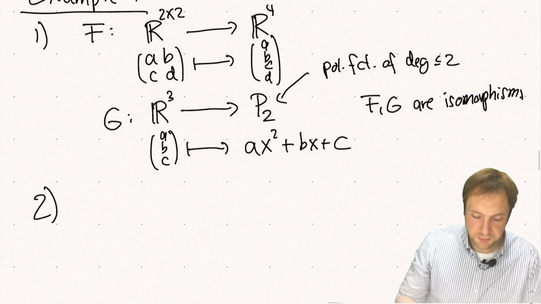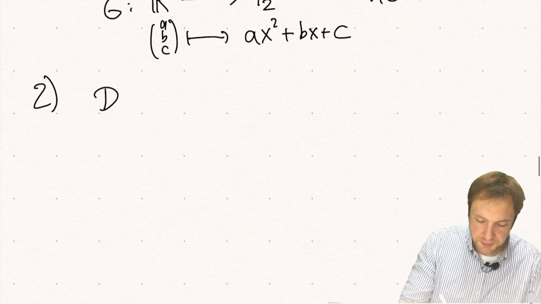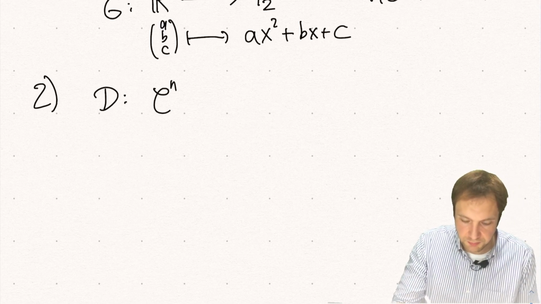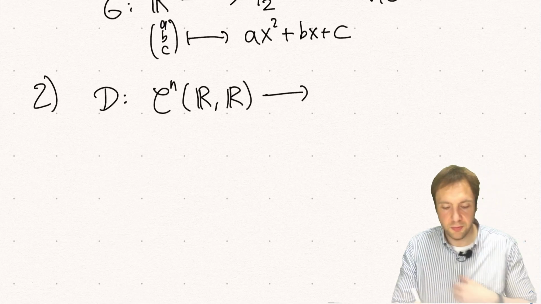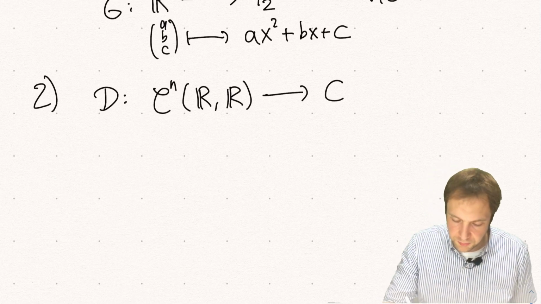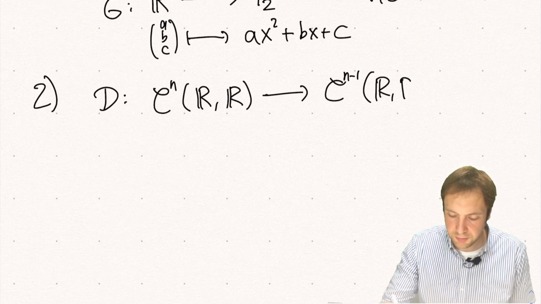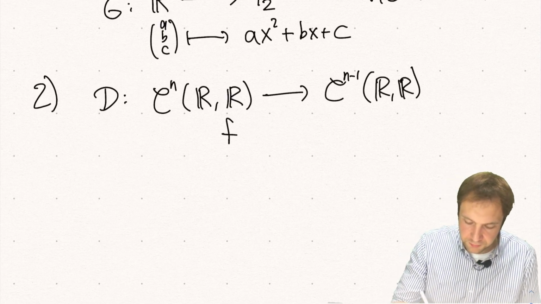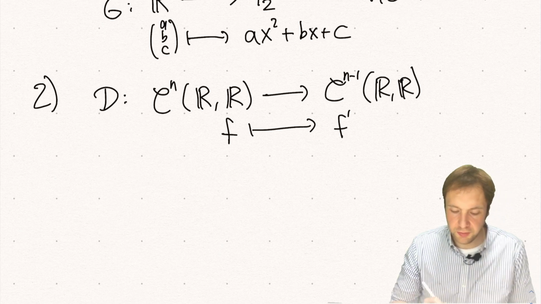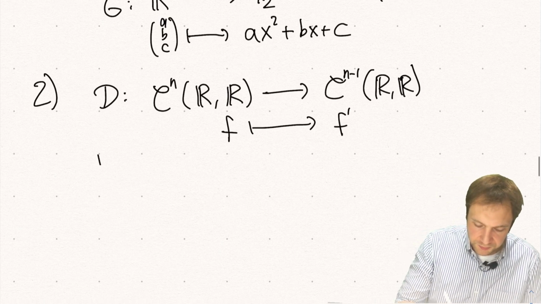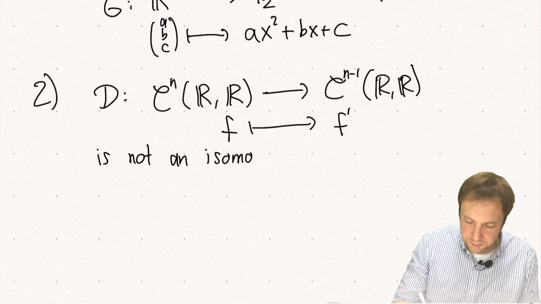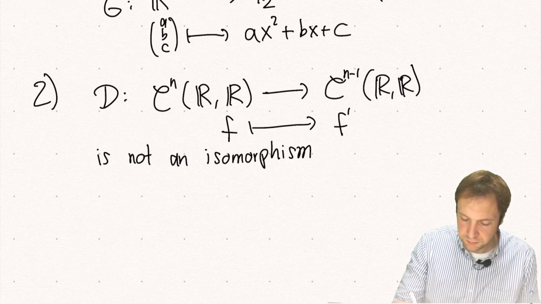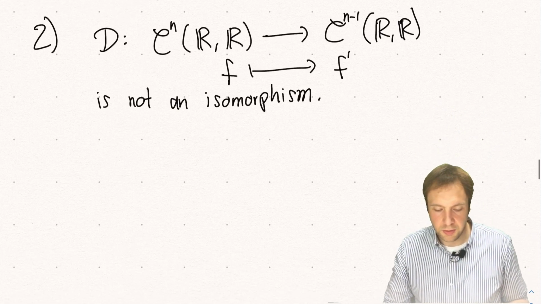So in the second example, the map D we had before, which was a map from C^n(R), so the functions where the nth derivative exists, we saw the image is C^(n-1). So I sent an f to its first derivative. So this is not an isomorphism. Why?